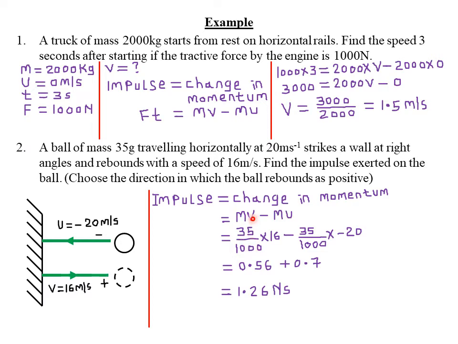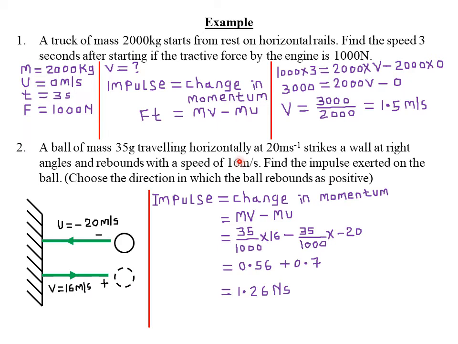Then we multiply by the velocity. The velocity at which the ball hits the wall, before it bounces back, is our initial velocity. Then the ball strikes the wall at right angles and rebounds with a speed of 16 meters per second. So it bounces back, and automatically this is our final velocity. Then we are told to choose the direction in which the ball rebounds to be positive.